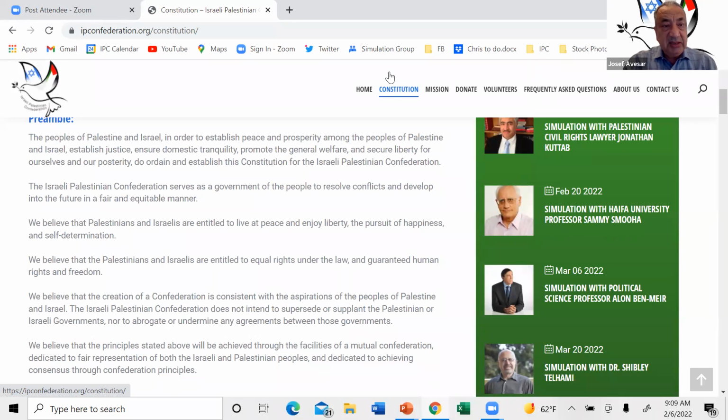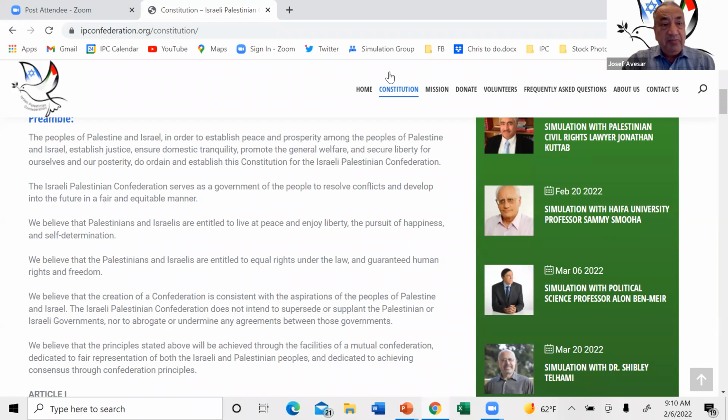The Constitution states that it would be a secular government with 3 branches: the executive branch, which is the president and vice president; the legislative branch, that's the branch that makes the laws, which is the parliament; and the judicial branch, which are the judges.